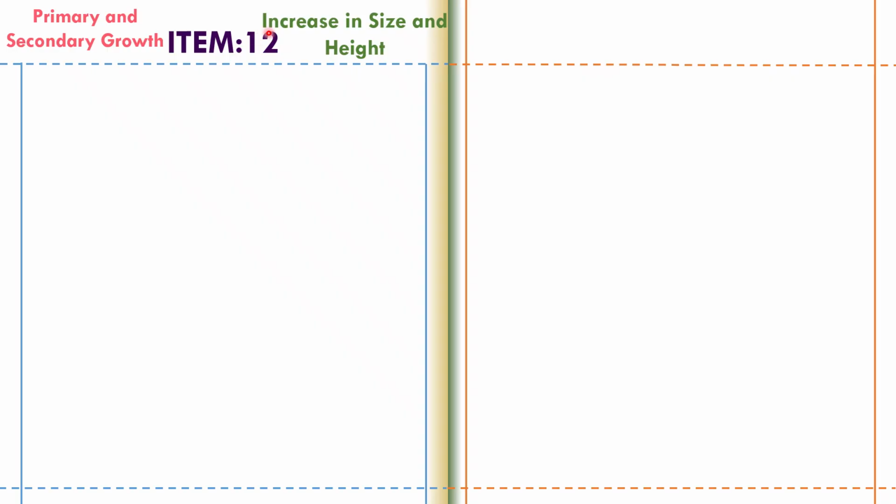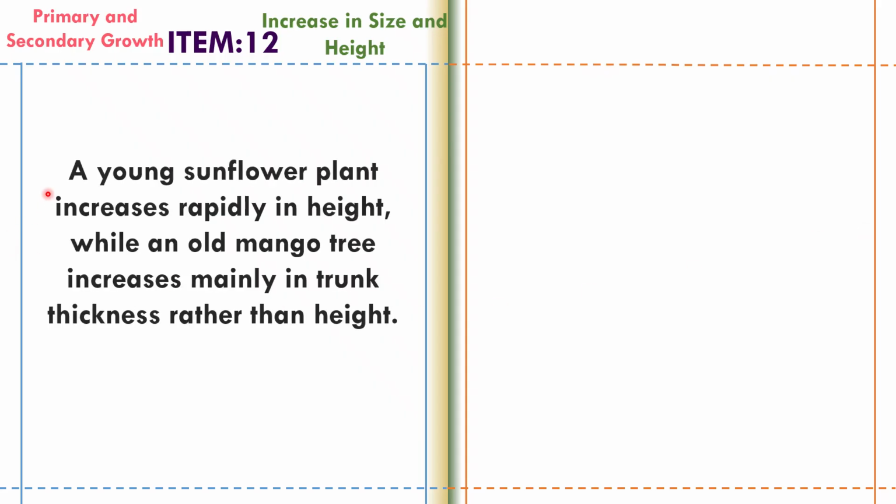We shall start with increase in size and height. A young sunflower plant increases rapidly in height, while an old mango tree increases mainly in trunk thickness rather than height.